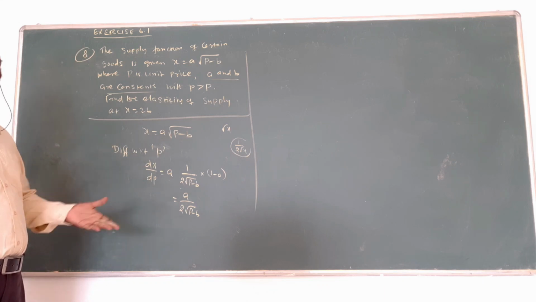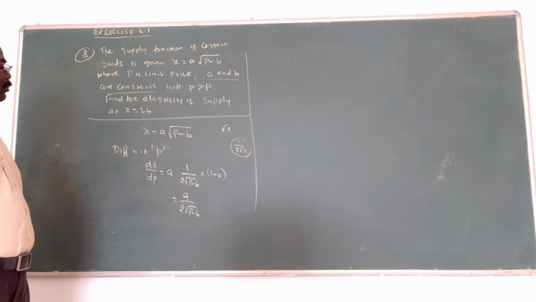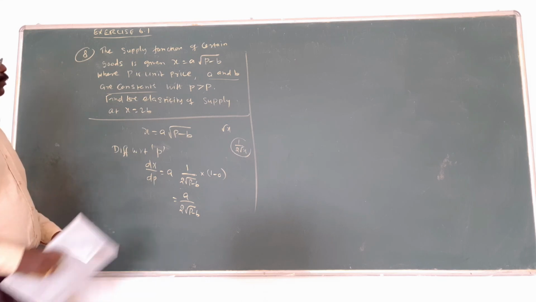Small a and small b are constants. Only p is the variable. That's why dx by dp is this.